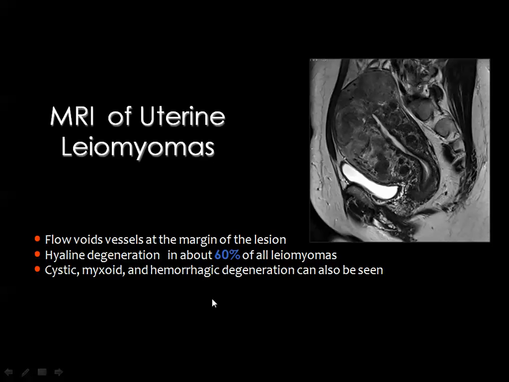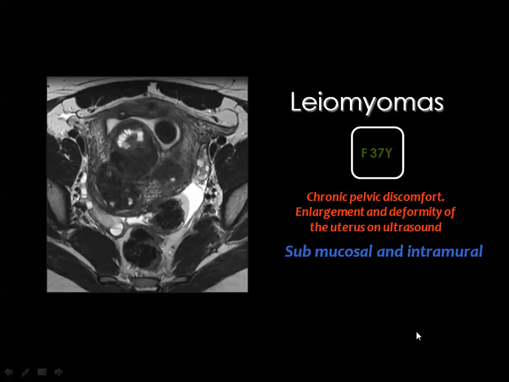A lot of degenerative changes may affect the uterine fibroids, and this will be reflected on the signal of the fibroid mass. You know, the usual signal is dark in the T1 and T2, but if there is cystic change, it will appear black in the T1 and bright in the T2. If there is hemorrhage, it may appear bright in both T1 and T2 weighted images.